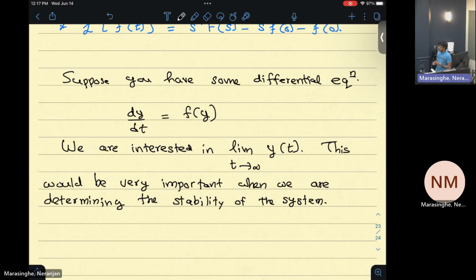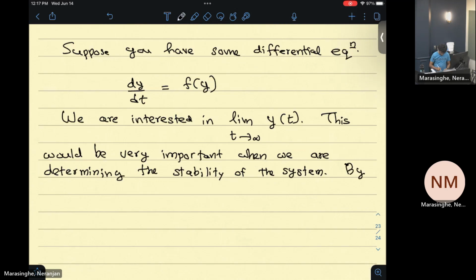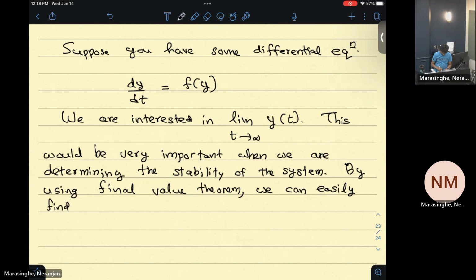So as I mentioned earlier, we would like to have some stability in our systems. By using the final value theorem, we can easily find this limit.